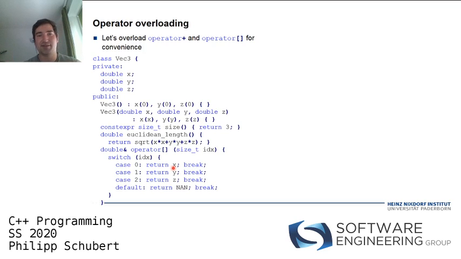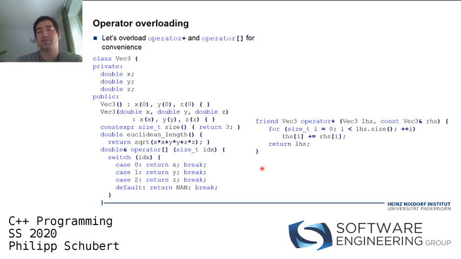So we can, for instance, say a vec3 variable v at the position 0, and then we write 42 in it, and that would actually write 42 in the member variable x, because here we're returning a reference to that member variable x. And remember, if you do some modifications to a reference, it actually does this modification to the underlying type, memory, variable, whatever you wish to call it.